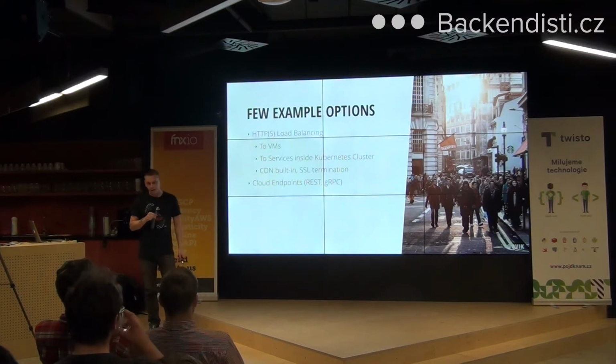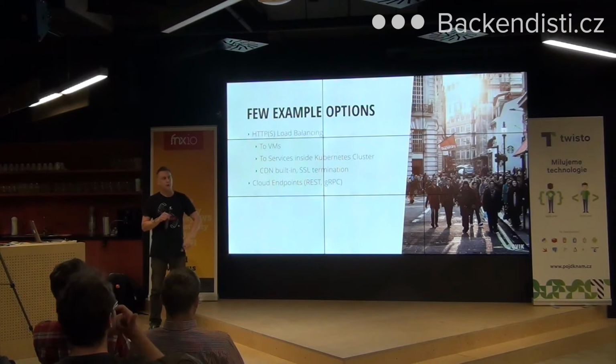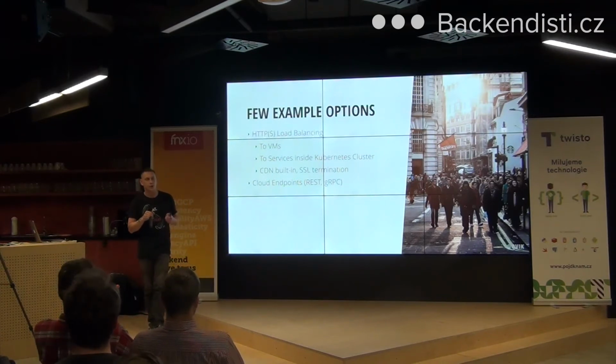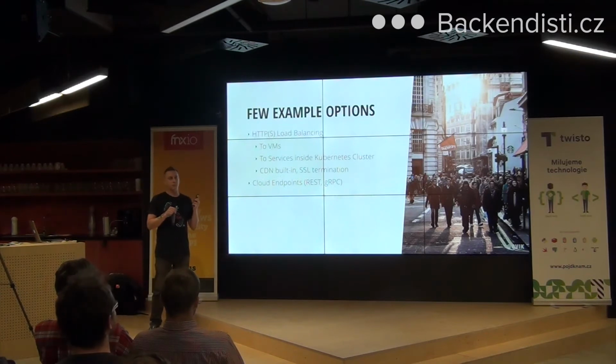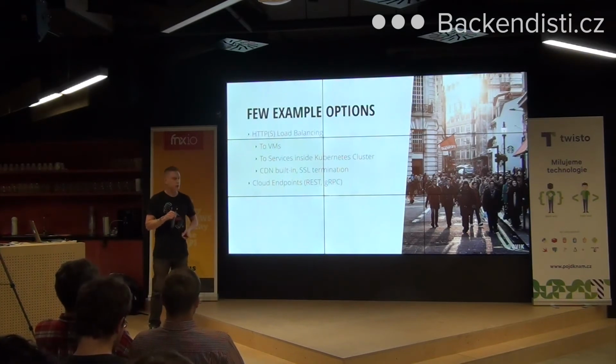Then the newest newcomer here, which came to public life just a couple of weeks back: in the early days, there was this API endpoints kind of feature utilizing App Engine in Google Cloud Platform. But Cloud Endpoints is a new interface for you to build API gateways and API endpoints.